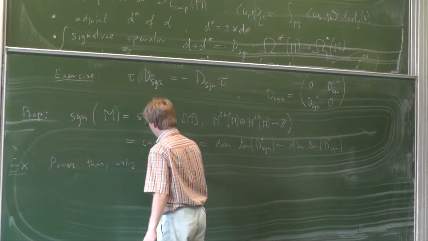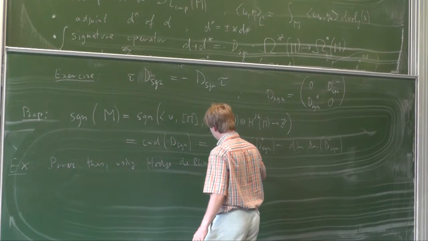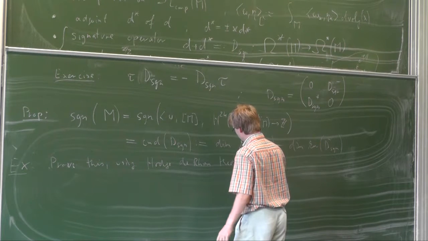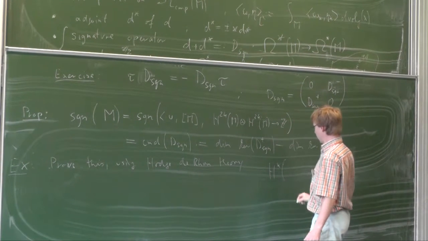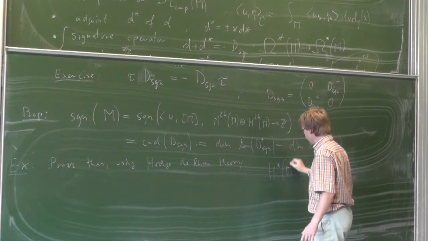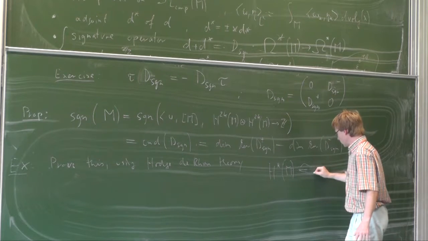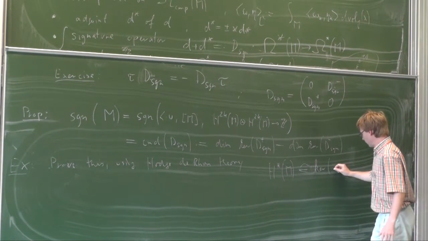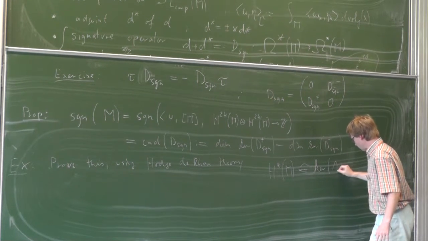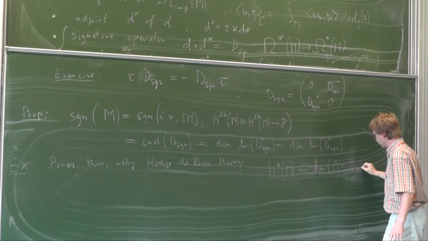Using, of course, the Hodge theorem, which in particular says that the cohomology of our manifold is isomorphic to the kernel of the Laplacian, which is the square of the signature operator.